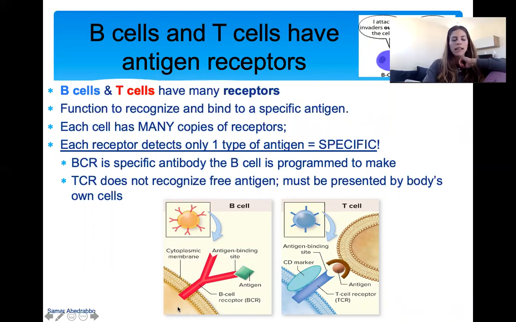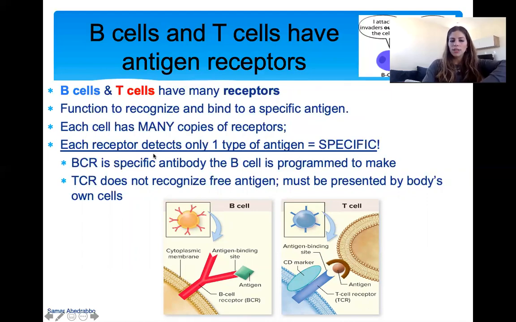Every cell has hundreds of thousands of receptors on it, and each receptor is there to detect one type of antigen. So if you have a receptor that's targeting some antigen in an influenza strain, that's all it will target. It will not protect you against infection by coronavirus, because they're different things, and the receptors are very specific to the pathogen's antigen.